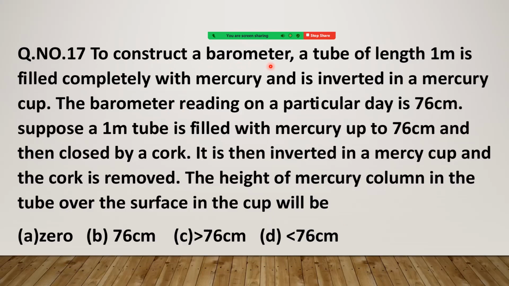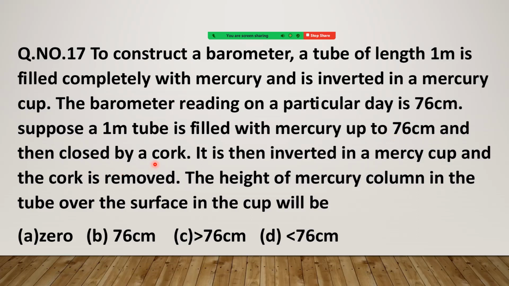To construct a barometer, a tube of length 1 meter is filled completely with mercury and is inverted in a mercury cup. This is what we have discussed, right? The barometer reading on a particular day is 76 centimeter. Suppose the 1 meter tube is filled with mercury up to 76 centimeter and then closed by a cork.